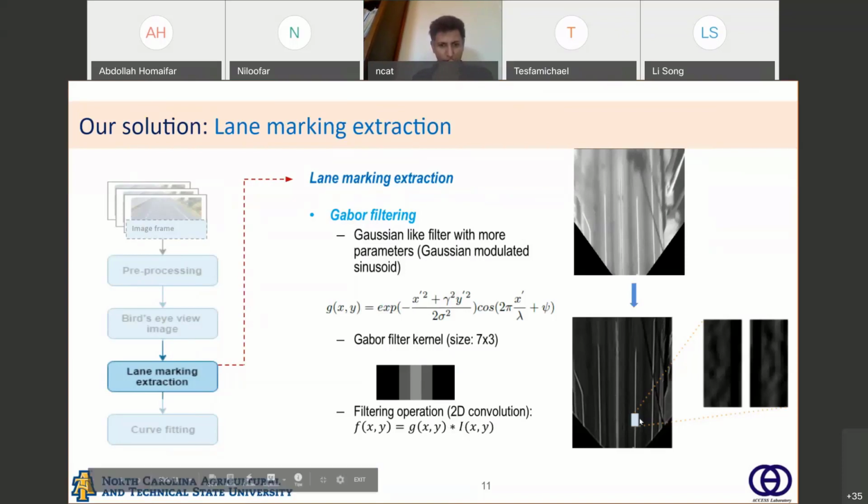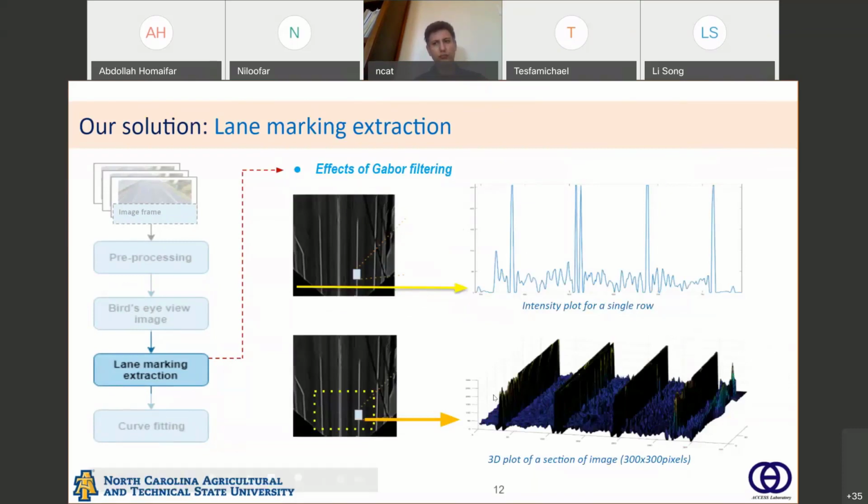So if you closely look at this around the lane boundary, you see that the white pixels are brighter than in the grayscale image, and the surrounding pixels around that lane boundary are suppressed, or their intensity values are 0 or close to 0. It's because of this convolution operation with the kernel. So this gives us a very good pattern on the filtered image.